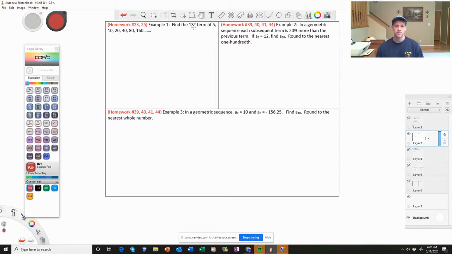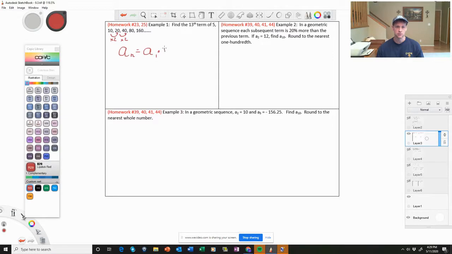Example 1: find the 13th term of 5, 10, 20, 40, 80, 160. So first of all, you should look carefully and decide, is this geometric or arithmetic? Am I adding the same thing each time, or am I multiplying? In this one, quite obviously, you're multiplying by 2, and because you have a common ratio, it's going to be geometric. So of course, we're going to use the formula we just discussed.